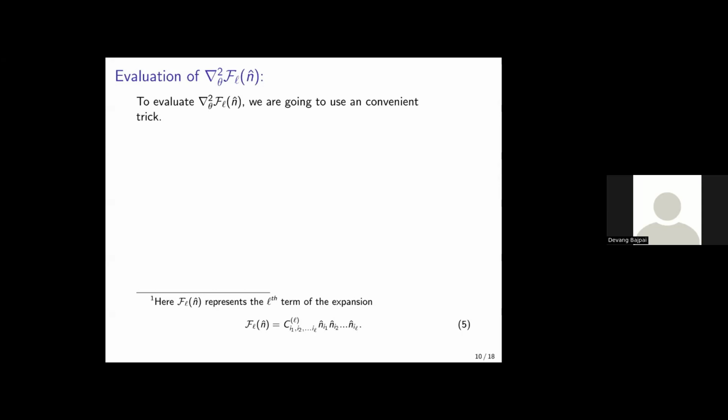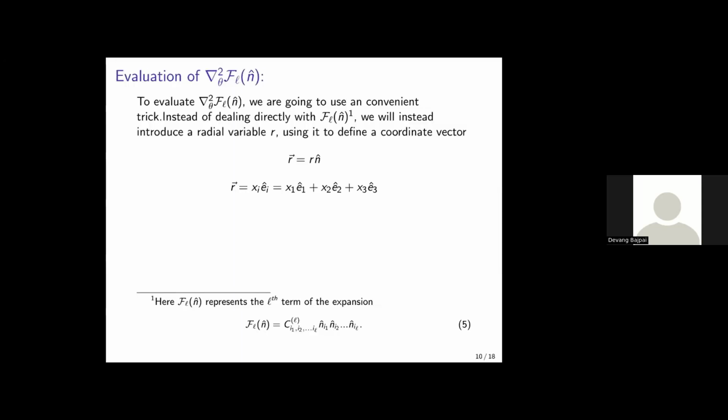Instead of dealing directly with this L term, here I am going to introduce a radial variable, that is r, and I am going to define it in coordinate vectors. Here I have also used the notation of Griffiths, I think it's equation 1.219 in his book, so you can easily refer to it.